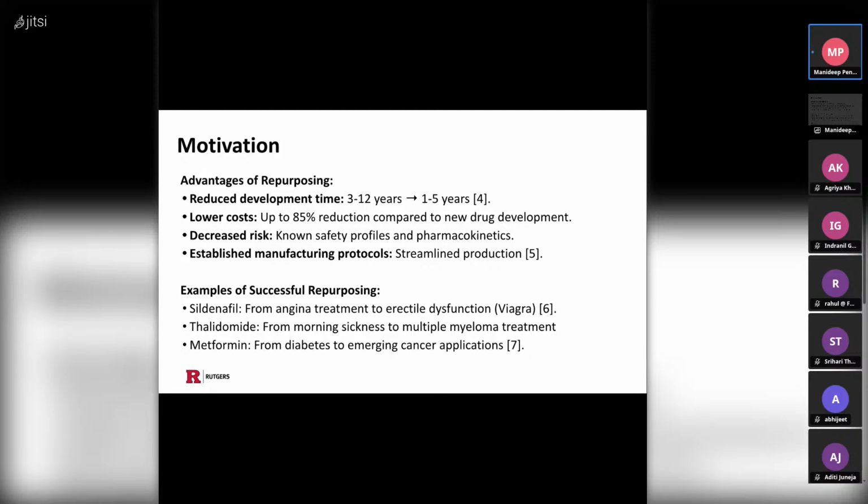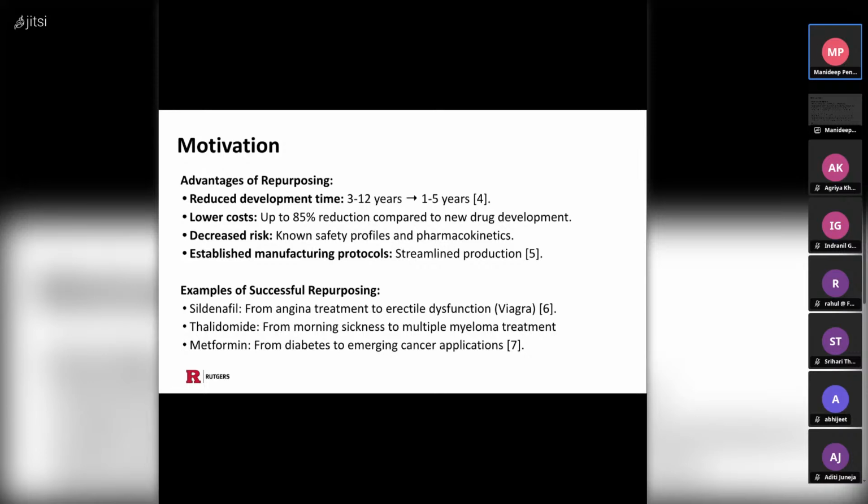So doing this would reduce our development costs for drugs by almost one third, and it will significantly reduce the cost to make a new drug. And this is also low risk because clinical trials have been done, and the drug is deemed safe for consumer use.